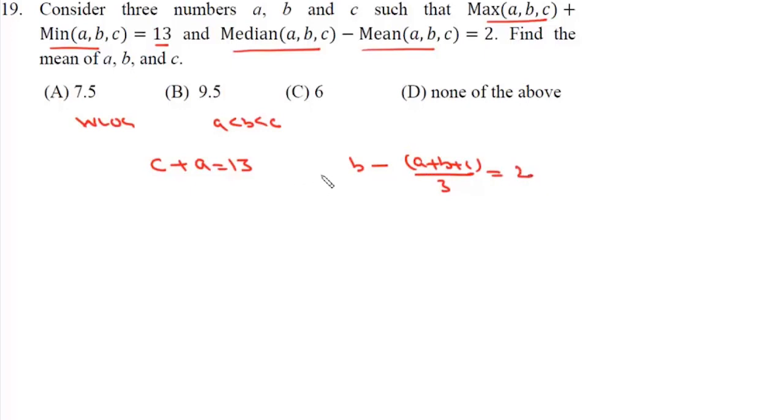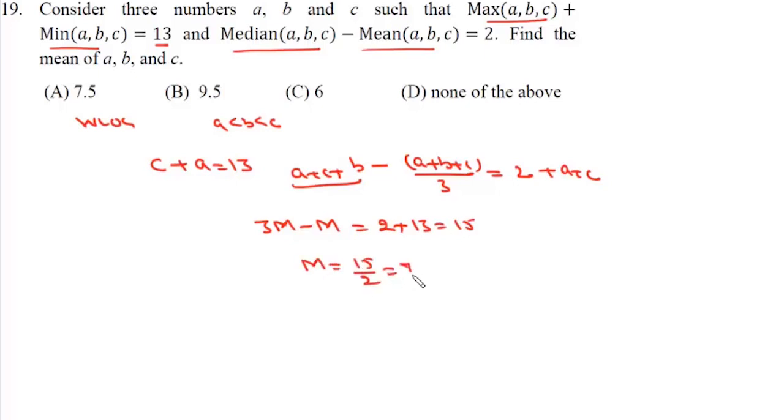Now what we'll do is we'll add A plus C. Now this is A plus B plus C and this is (A plus B plus C) by 3. Now (A plus B plus C) by 3 is m. So this is 3m minus m and it will be 2 plus, and the value of A plus C is 13. So it is 15. So its mean will be 15 by 2 and that is 7.5, which is your option A.